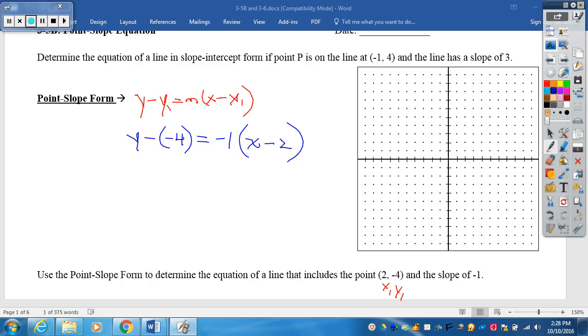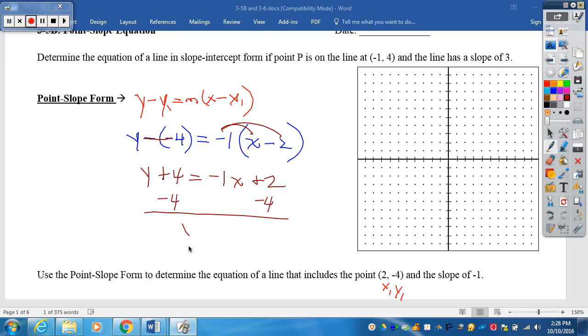All right, now, probably after that, I'm going to go ahead and say I've got a double negative, make that positive, and I'm going to distribute this into the parentheses there, solve algebraically for y. So y plus 4 is equal to negative 1x plus 2. Okay? And then from there, again, to solve for y, I'm going to subtract 4.